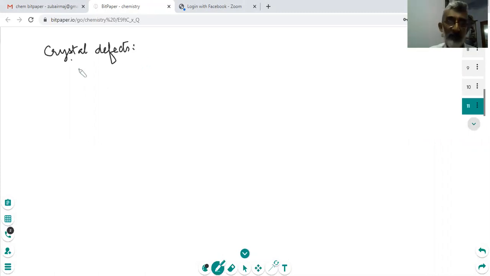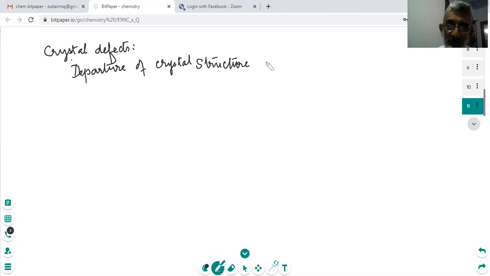It is the departure of a crystal structure from its perfect regularity.